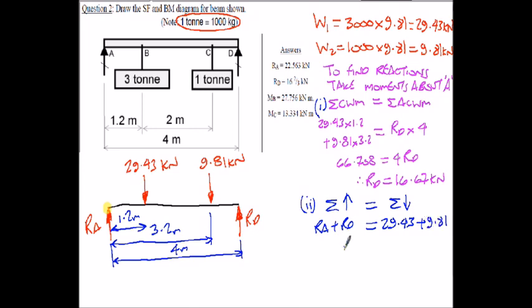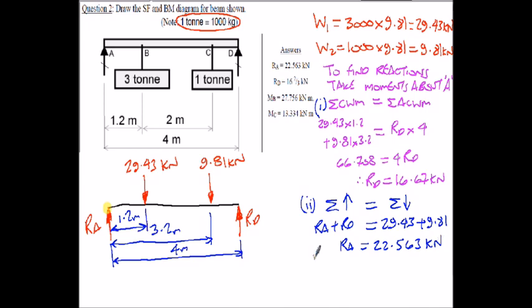We already know RD anyway, so RA will equal 22.563, and that'll be in kilonewtons here. We'll check that out. So we've got our reactions now.